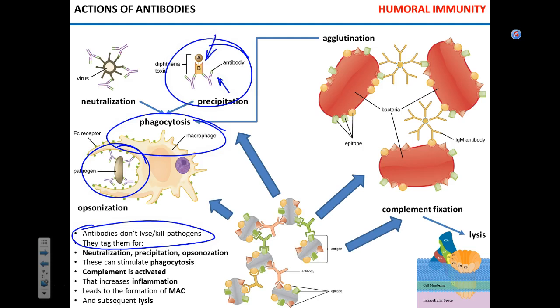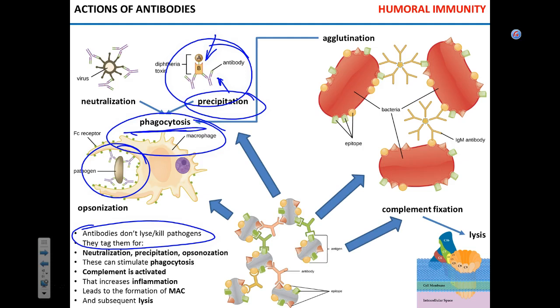So when you receive DTaP, the result of that vaccination, your immune system produces antibodies against the diphtheria toxin. When, God forbid, you get exposed to diphtheria, these antibodies block the action of the toxin by binding it and forming an immune complex. This is called precipitation, bless you. And these immune complexes, these precipitated antigens, can then be what? Phagocytosed.